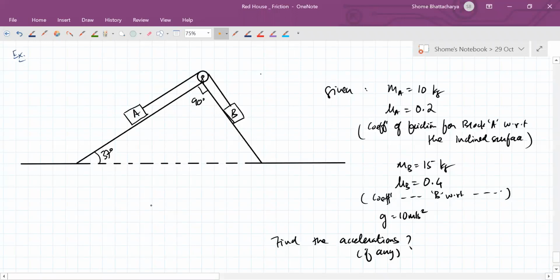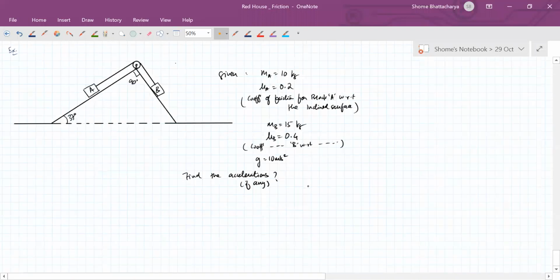So why I'm saying this question is a bit complicated is because the directions of friction have to be determined from the tendency for slipping. So the first thing you have to understand is what the tendency for slipping is.